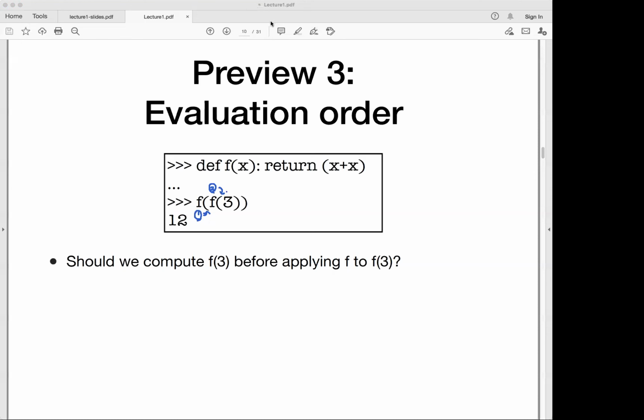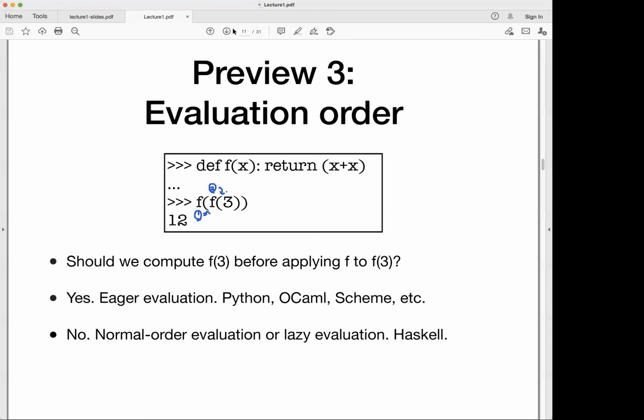There are some programming languages like Python, OCaml, Scheme, and so on, which implement so-called eager evaluation, where evaluation of the inner function call happens before the application of the outer function call. But there are also programming languages that implement so-called normal order evaluation, sometimes called lazy evaluation, like Haskell. And in Haskell, function application 1 happens before function application 2.